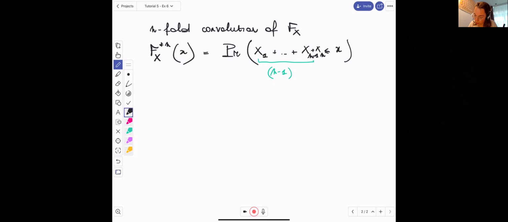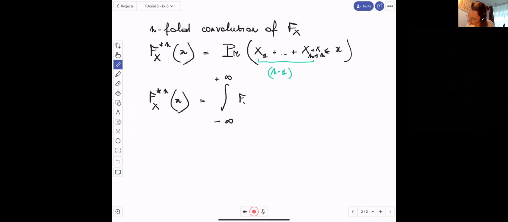And this recursive relation is as follows. The n-fold convolution is equal to the integral from minus infinity to plus infinity of the n-1 fold convolution evaluated in x minus y, times the density function of X evaluated in y, times dy.